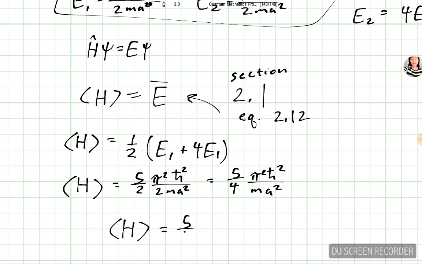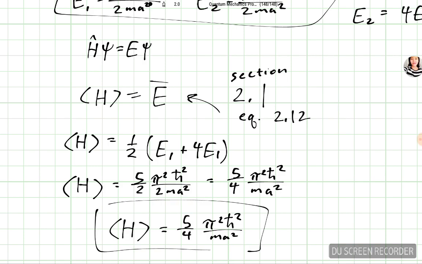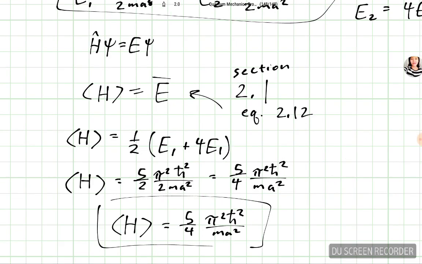That was even easier. And there we go. That is our Hamiltonian.